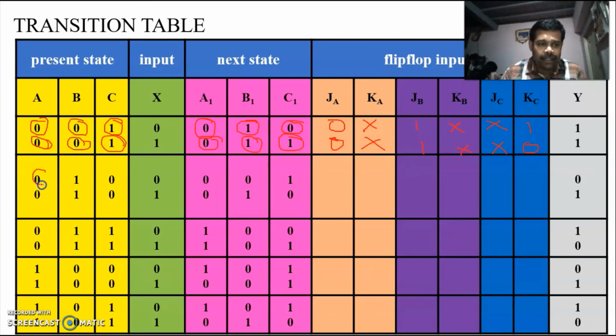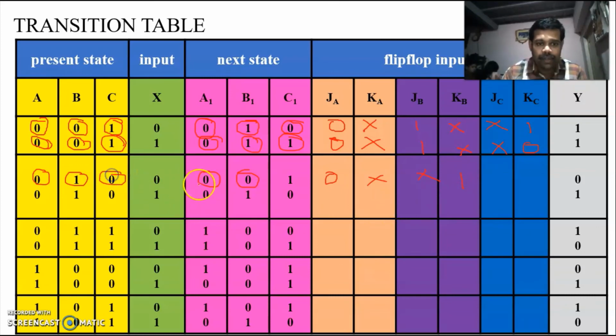Again, you have to compare A with A1. 0 0 means 0 X. Then 1 0 means X 1.